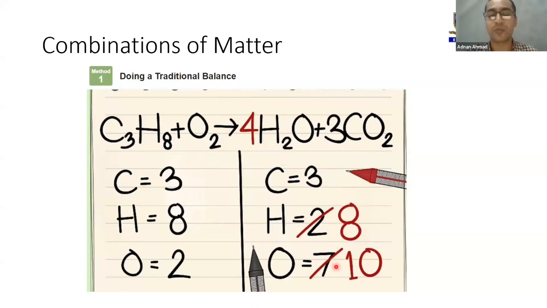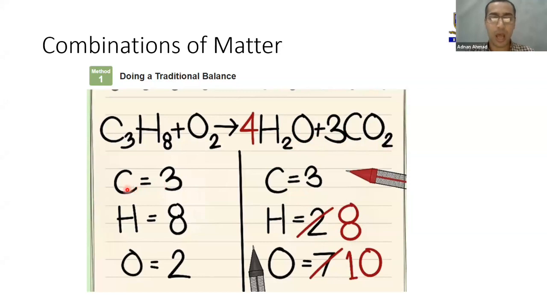But what happened to the total number of oxygen atoms by adding this 4 here? The total number of oxygens, it has reached to 10. But don't worry, this is simple. So 3 times 2, 6, 1, 7, and this is 4. So 6 plus 4, 10, right?